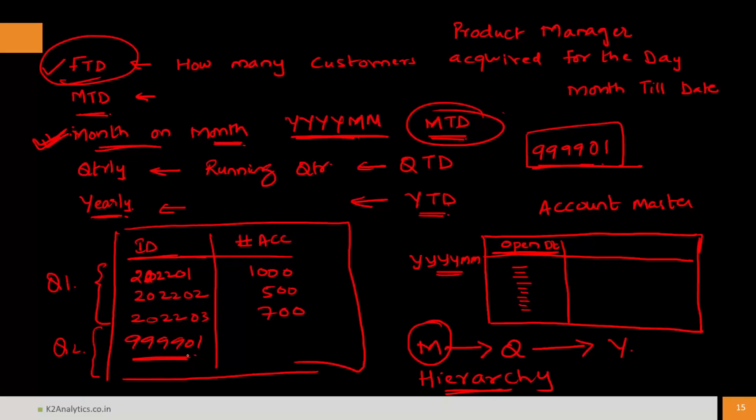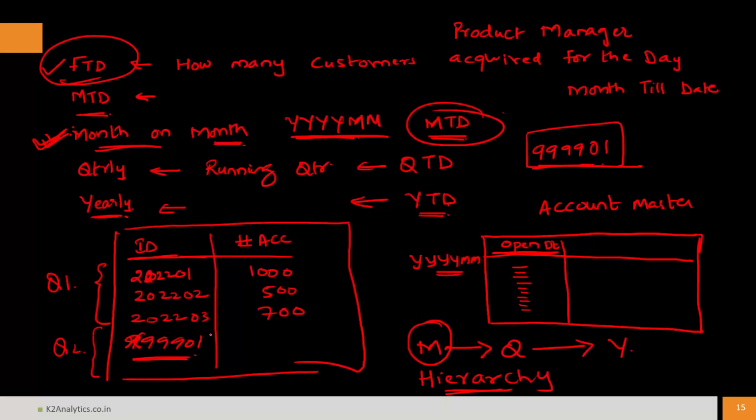You think of your own number. With each passing day, when you do aggregation, you delete this 999001 and insert 999001. So this way, the for the day information can also be aggregated and stored.